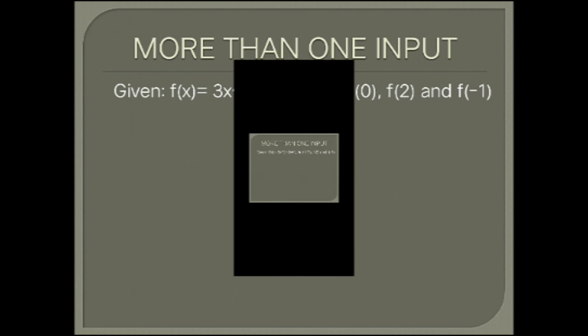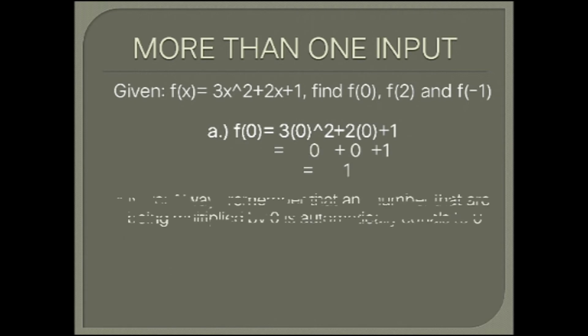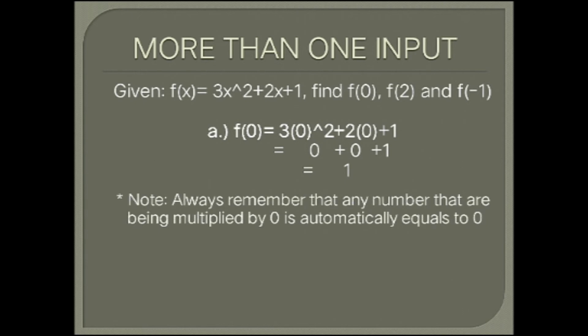We will substitute all the x's with 0, so that f of 0 equals 3 multiplied by quantity of 0 squared plus 2 multiplied by quantity of 0 plus 1. Then proceed to simplify and you will have 1 as an output. And also remember that any number multiplied by 0 is automatically equal to 0.